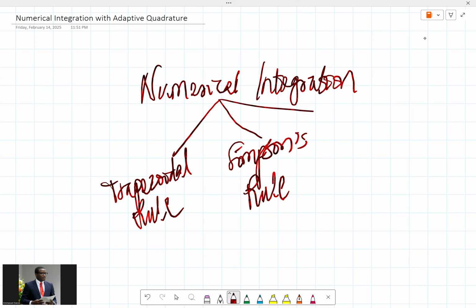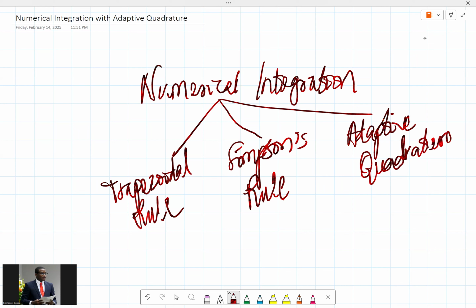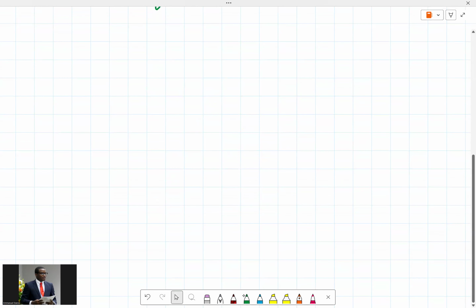And things can even get better with what is called adaptive quadrature. Interestingly, adaptive quadrature is not a rule of its own, but it helps to improve any of the other two rules. So already we had seen the trapezoidal rule and Simpson's rule. Now the focus shifts to adaptive quadrature. So let's see what that holds for us.